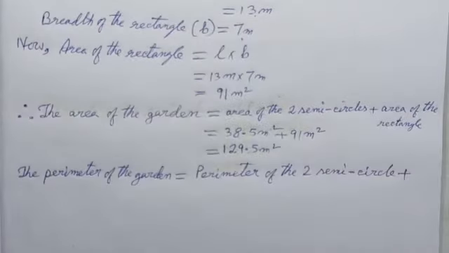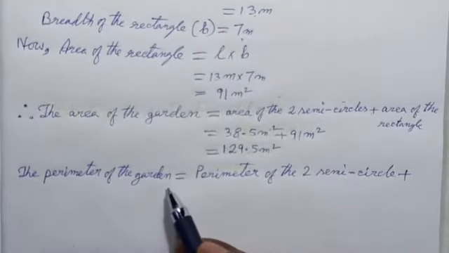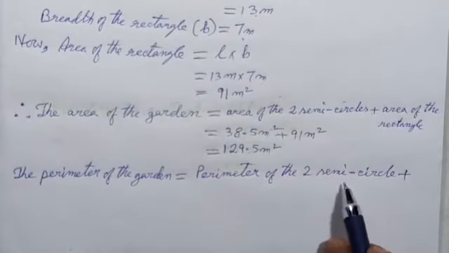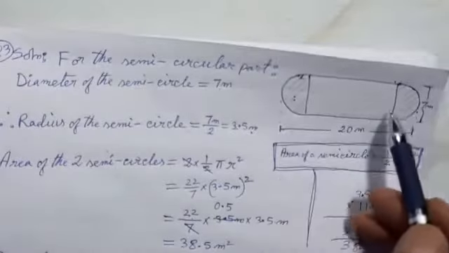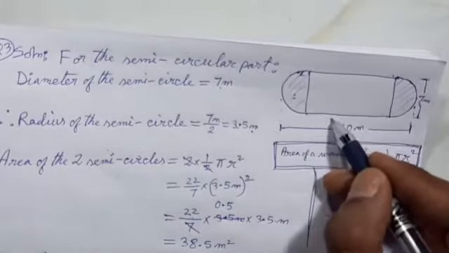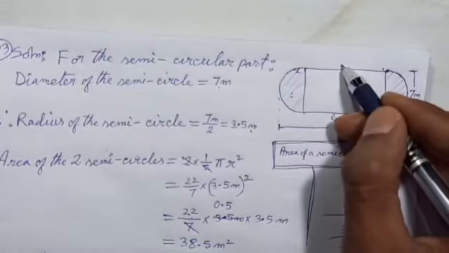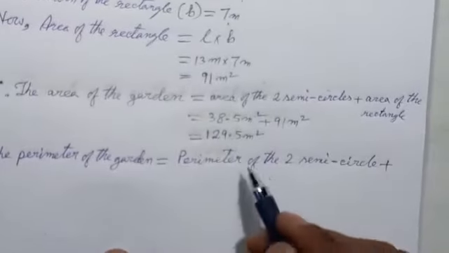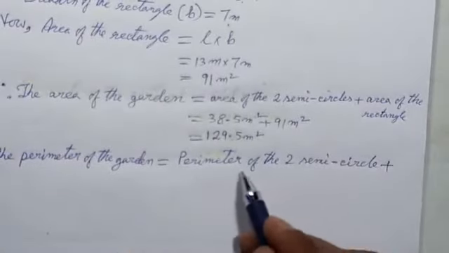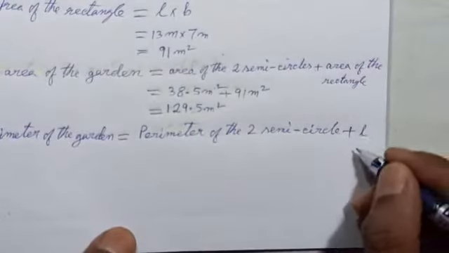Next, let's find out the perimeter of the garden. To find the perimeter of the garden, we need the perimeter of the two semicircles, this semicircle and this semicircle. After that, from here up to there is the length of the rectangle, and from here up to there is also the length of the rectangle. So perimeter of the two semicircles plus length plus length.